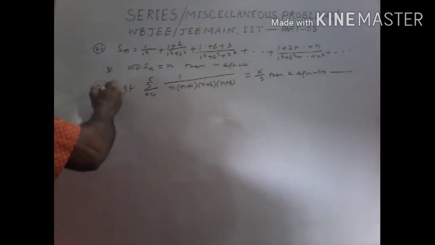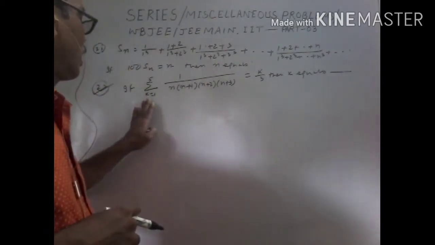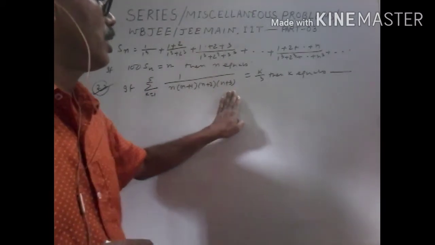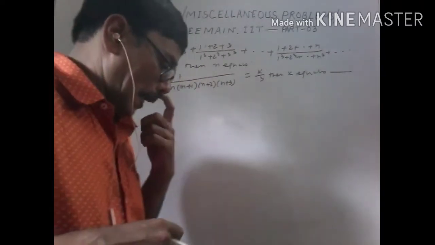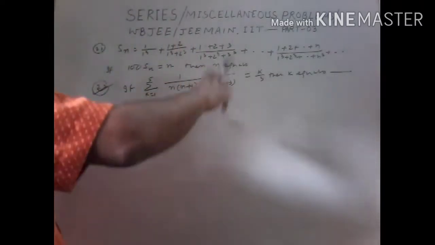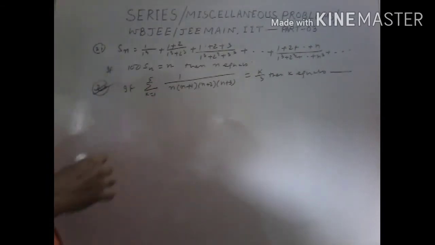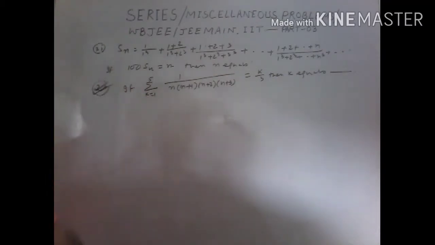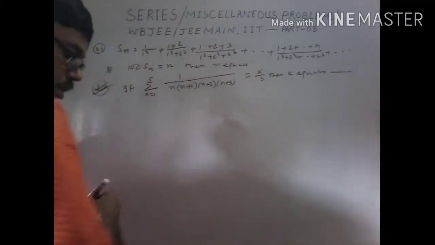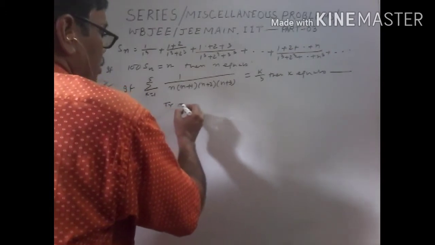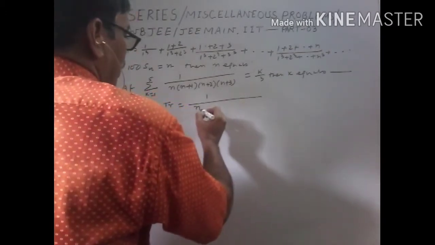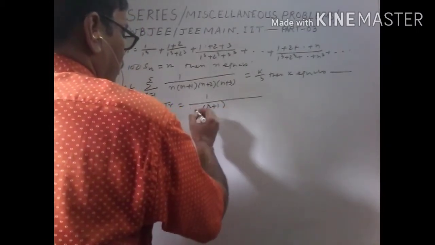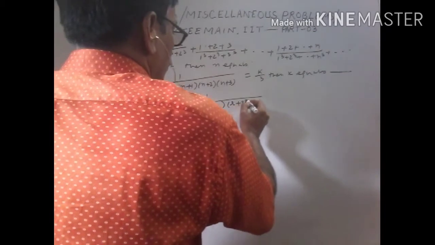And problem number 23: the sum over k equals 1 to 5 of n, n plus 1, n plus 2, n plus 3 equals k by 3. Find k. These are all problems of JEE Main. So suppose problem number 23. What is TR? This is TR: R, R plus 1, R plus 2, R plus 3.